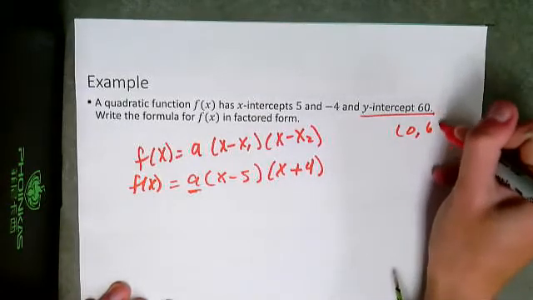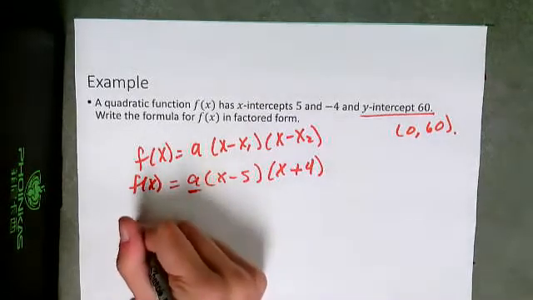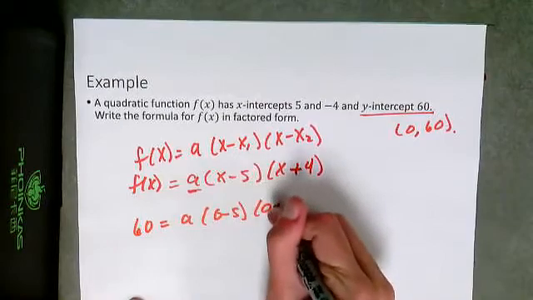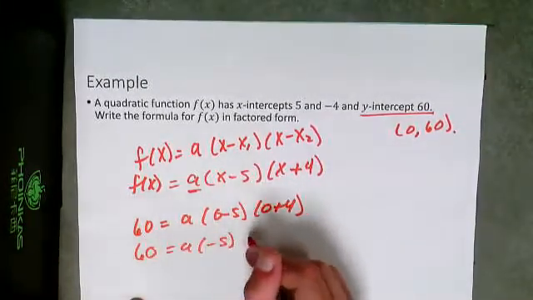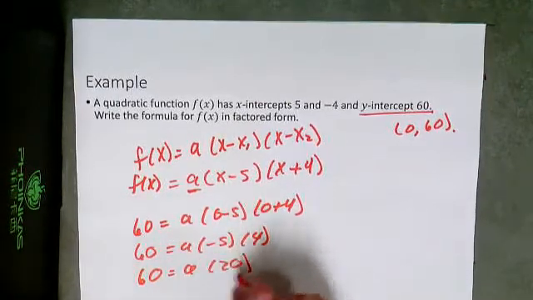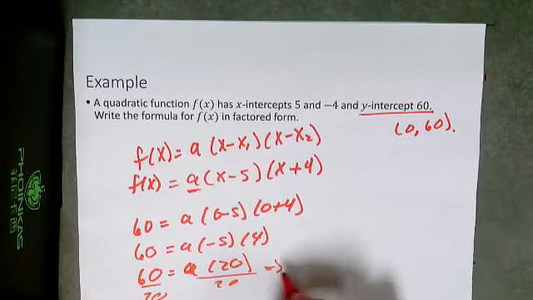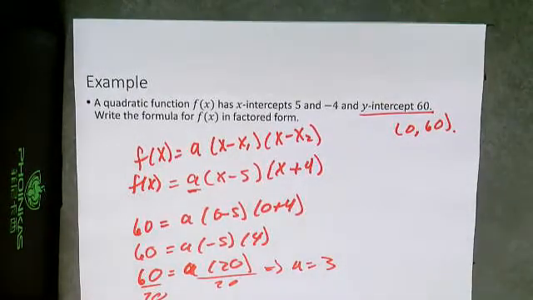This tells us that the point (0, 60) lies on the graph of f of x, or is a point on f of x. So we evaluate that. 60 is equal to a times (0 minus 5)(0 plus 4). Then we get 60 is equal to a times negative 5 times 4. 60 is equal to a times 20. Divide by 20 on both sides, and we get that a is equal to 3.